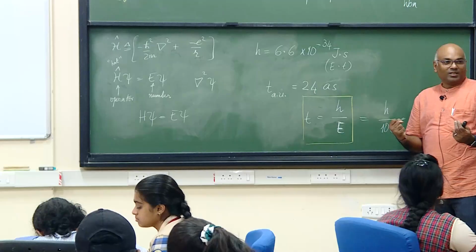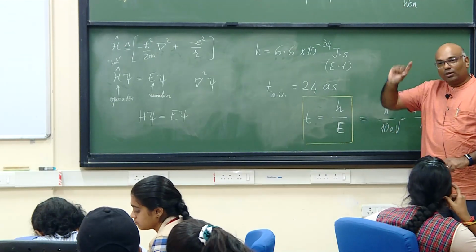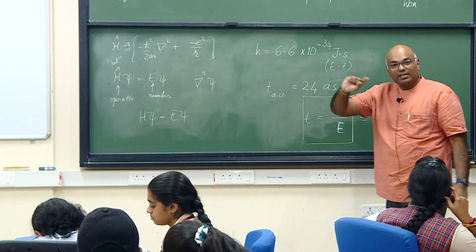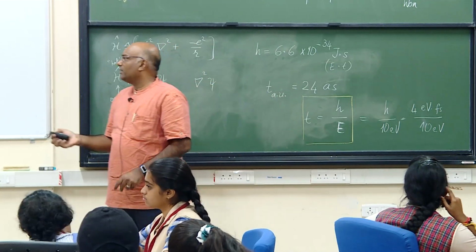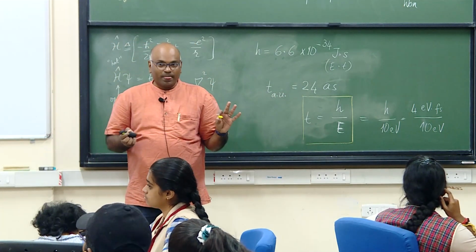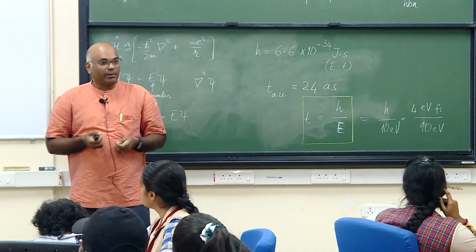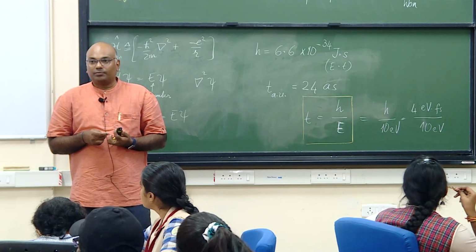So everything depends on H. So the energy budget of electrons transacting is electron volts. If I put 1 to 10 electron volts here, I would get that these times are in attoseconds. That's why electron dynamics is said to happen on attoseconds. Alright?